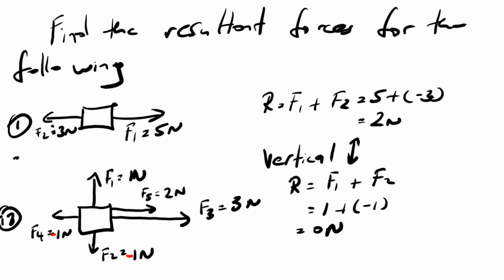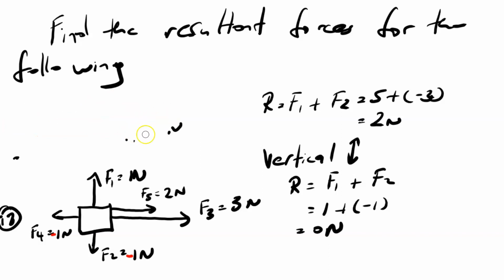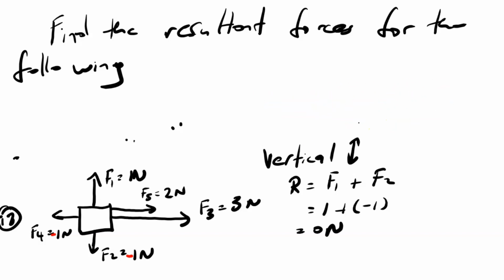Let me go up here and erase this portion so I can do this portion. Let's look at horizontal. When I look at horizontal, I like to think about the horizon. Forces that are going in this direction, we're going to give them a negative, and forces that are going in this direction we're going to give them a positive.